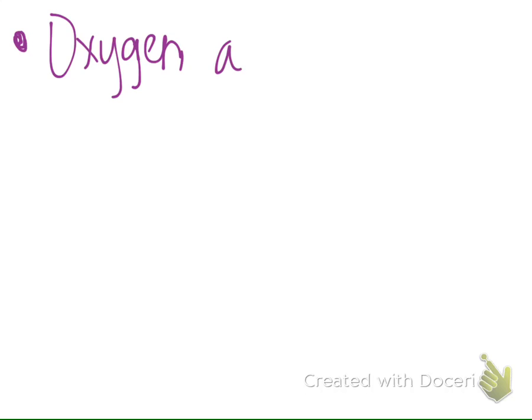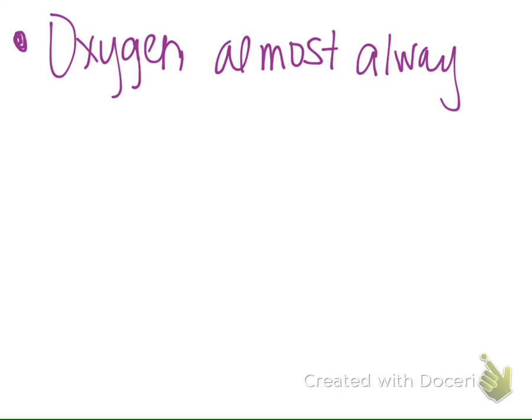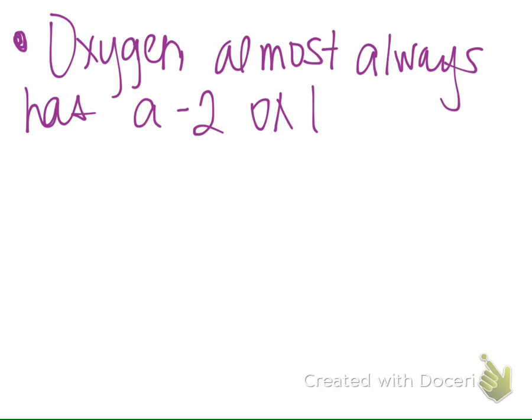Our next rule is for oxygen. Oxygen, most of the time or almost always, has a -2 oxidation number. There's only one exception to this rule, and the only exception is when it's bonded to fluorine.